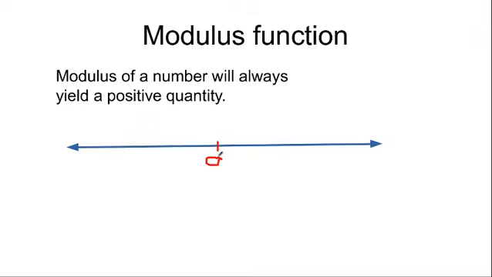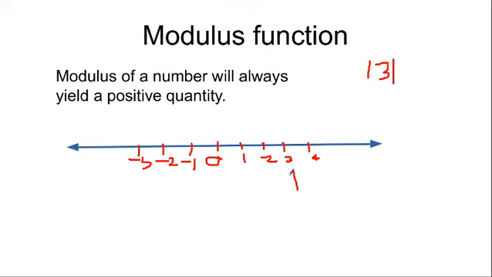Let's say you have 0 here, 1, 2, 3, 4, and minus 1, minus 2, minus 3, this goes on. Let's take the modulus of 3. What is the modulus of 3?